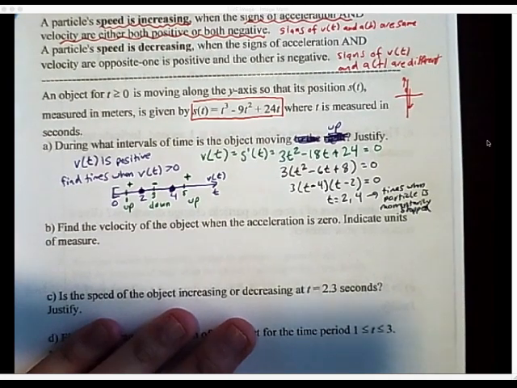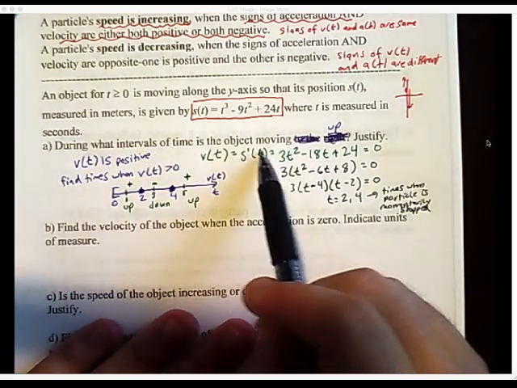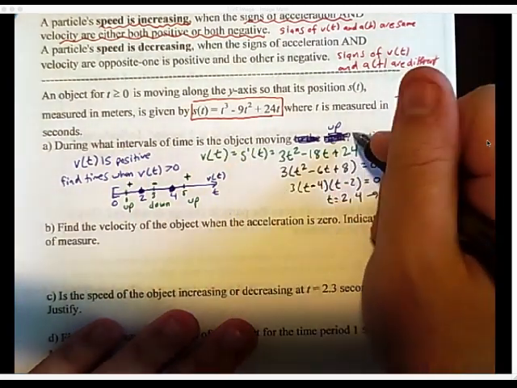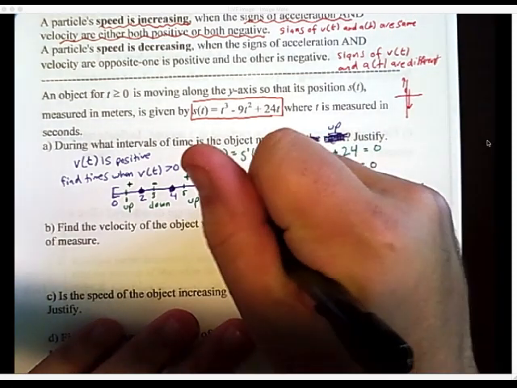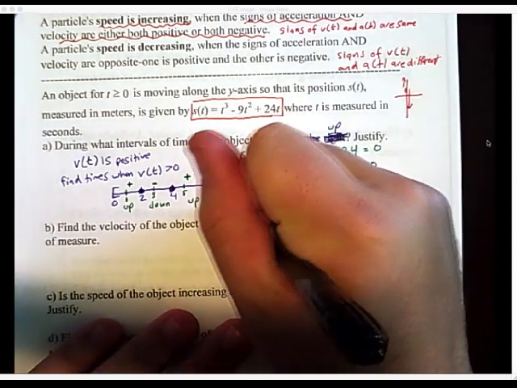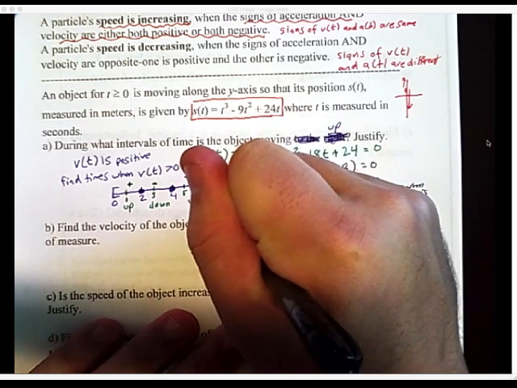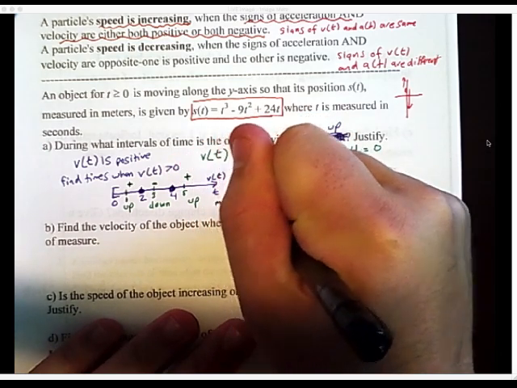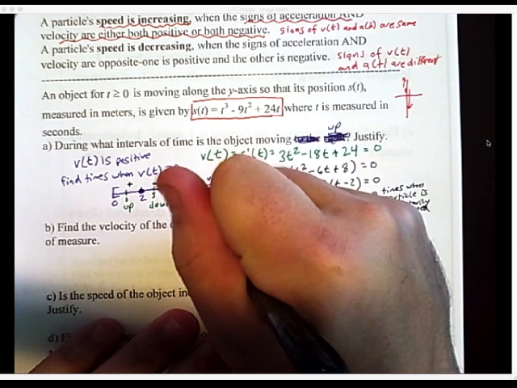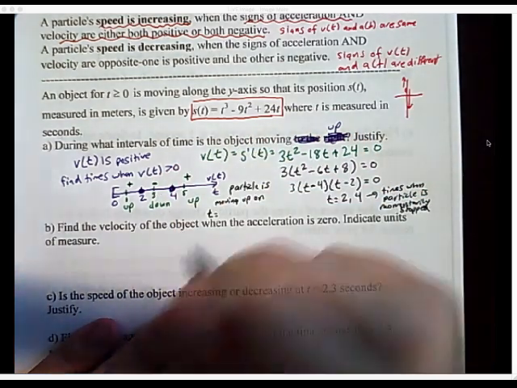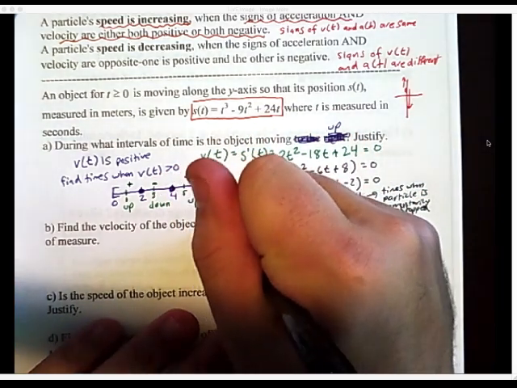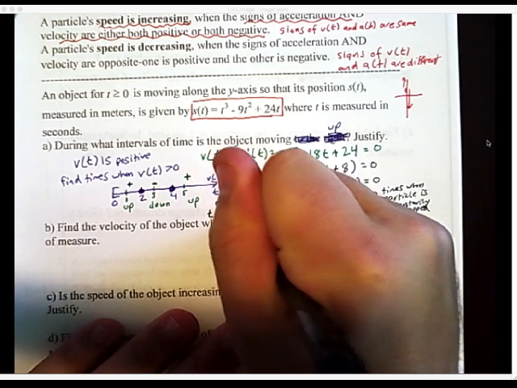So let's answer the question. During what intervals of time is the object moving up, and justify? So we can say that the particle is moving up on the time intervals between 0 and 2 seconds.